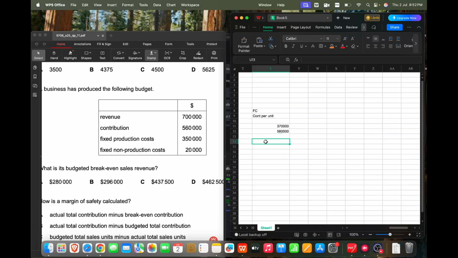So my BEP out here is 370,000 divided by 560,000 will get a number, and let's multiply this number with the revenue, which is 700,000. Let's write this down somewhere here, and then we'll write down BEP sales.